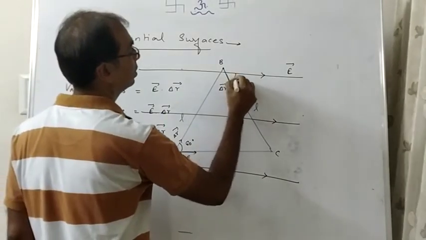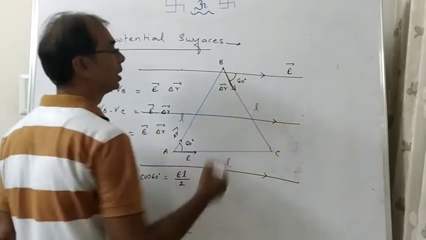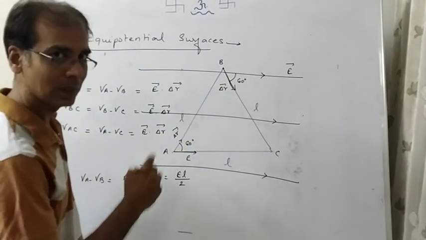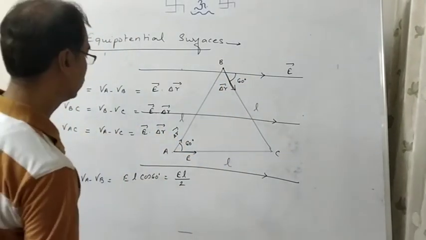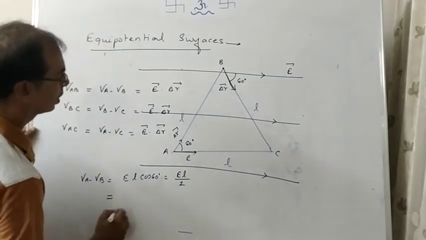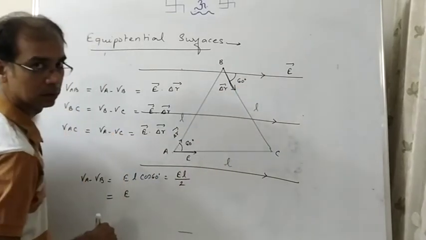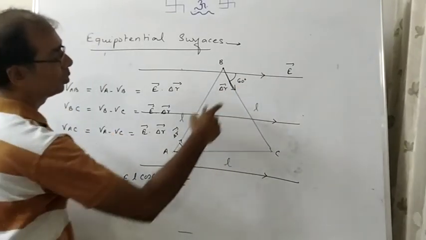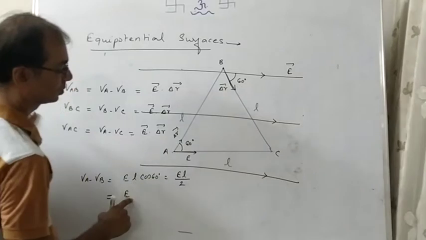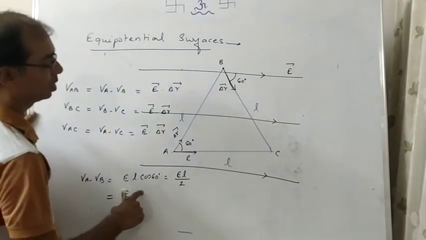Shall we take this angle, or shall we take minus 60? Minus 60. Okay. So EL cos minus 60.